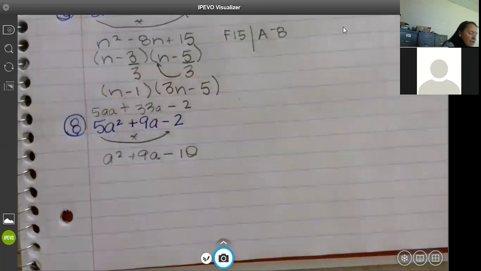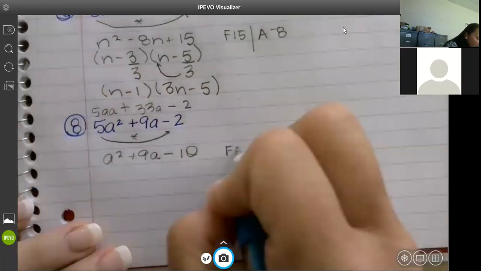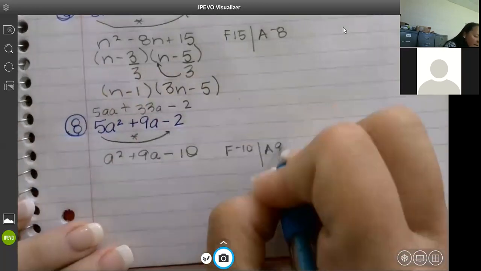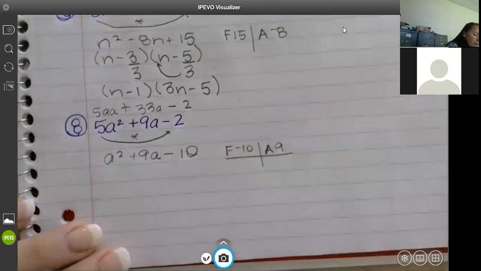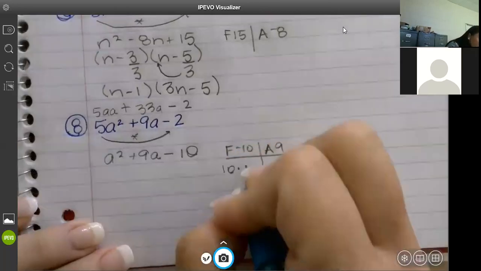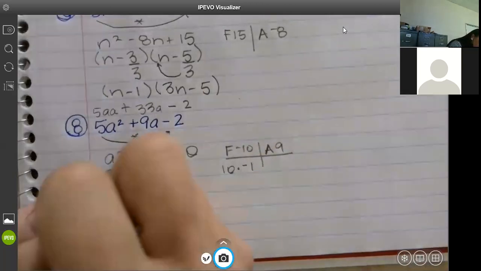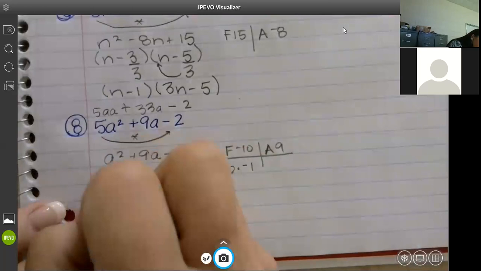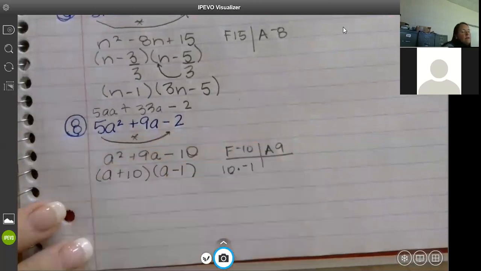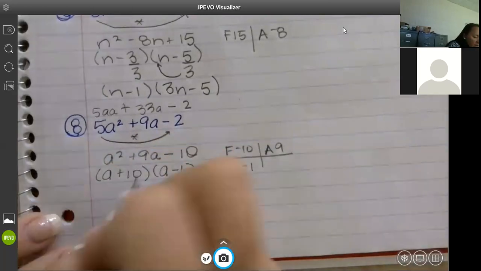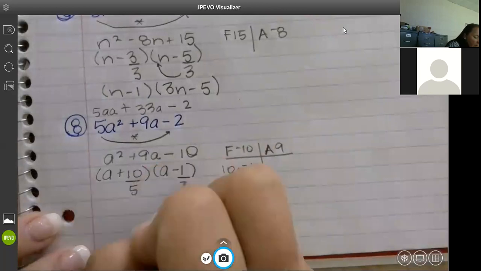Now it's cheater method. I need factors of negative 10 that add to 9. You know how to find those. I'm going to go ahead and tell you that it's 10 and negative 1. So a positive 10 and a negative 1. I did slide. I need to divide.